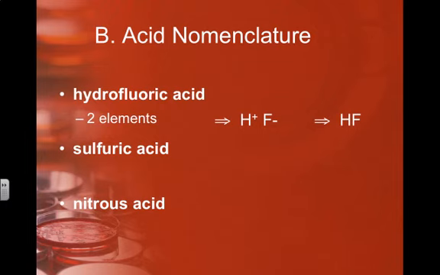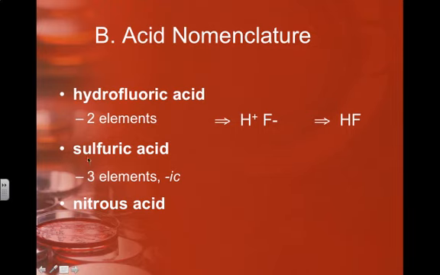The next one is sulfuric acid. There is no hydro prefix, so it has three elements. It ends in ic, so it's either going to be sulfate or sulfite because it has more than one element. If it was hydrosulfuric acid, then it would be just sulfur.